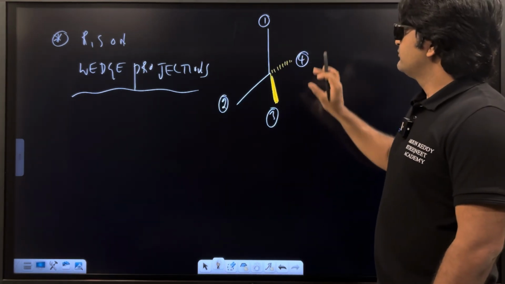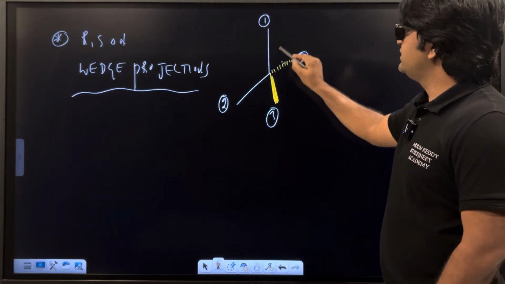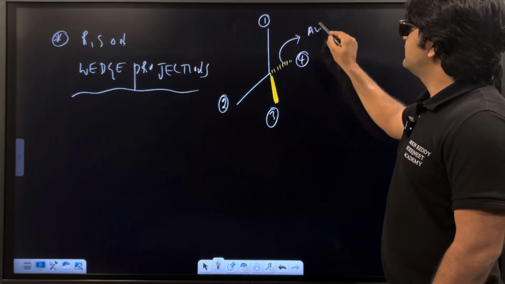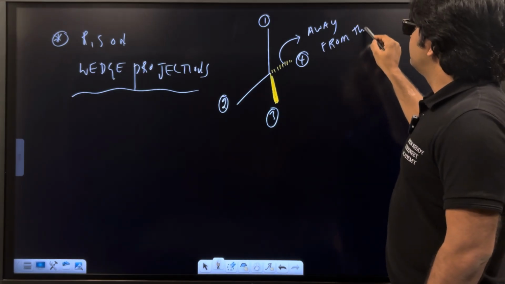For some time you forget about the fourth priority, or first you look at where this fourth priority is connected. It is nearer to the observer or away from the observer, away from the observer.